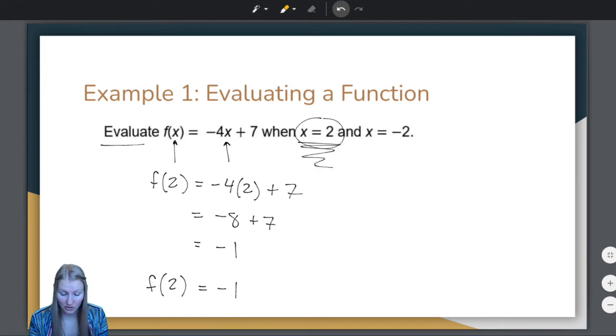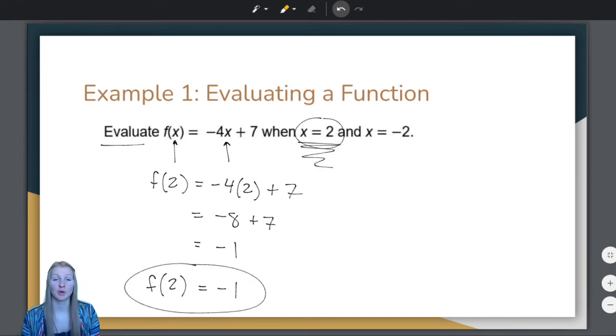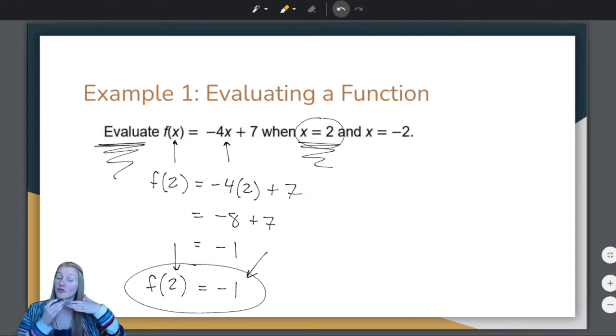When x is 2, the output is negative 1. If the input is 2, the output is negative 1. And we just found the output. That's what it means to evaluate a function, is to find the output when I'm given an input.